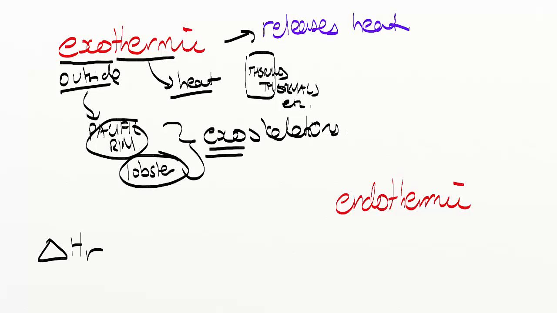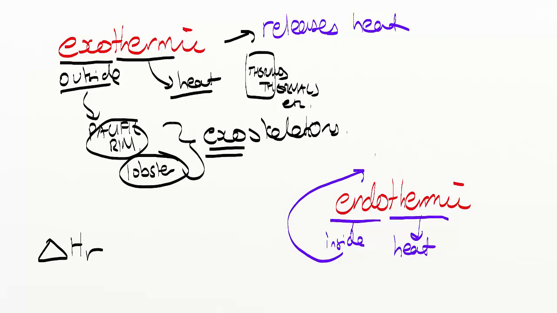Okay? Whereas an endothermic, well, think of once again, let's have a look at the words. So once again, thermic means heat, and the word endo means inside. So the way I think about endo is I always think of the endocrine system.